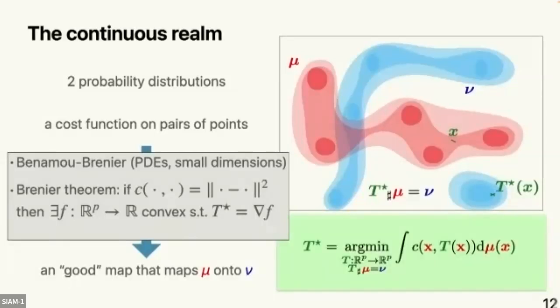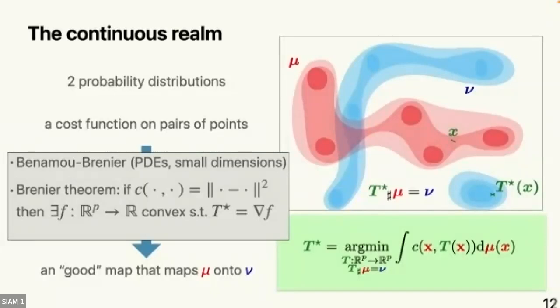The first one, which I'm summarizing with this push-forward notation, is that every time I apply T of x to a point x, I will land in a different location. I will look for maps that take input points and bring them to target points, and that can reconstruct this blue measure out of the red measure.